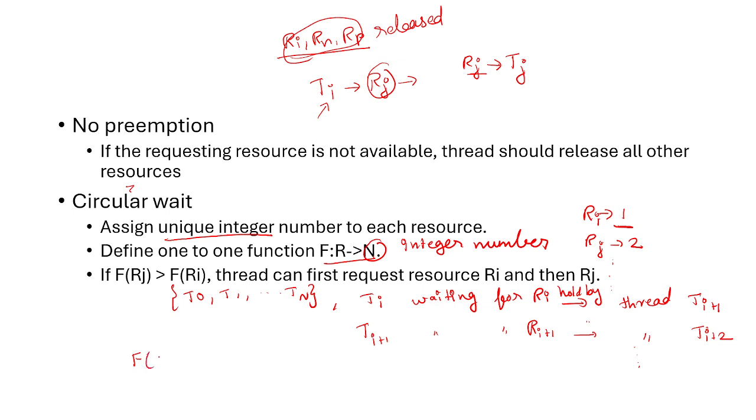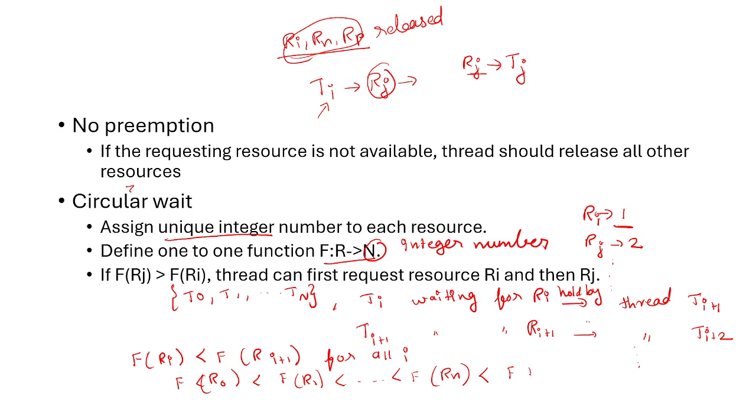So f of Ri is less than f of Ri plus 1, for all i. It means that f of R0 is less than f of R1, and so on, less than f of Rn, and then it is less than f of R0.